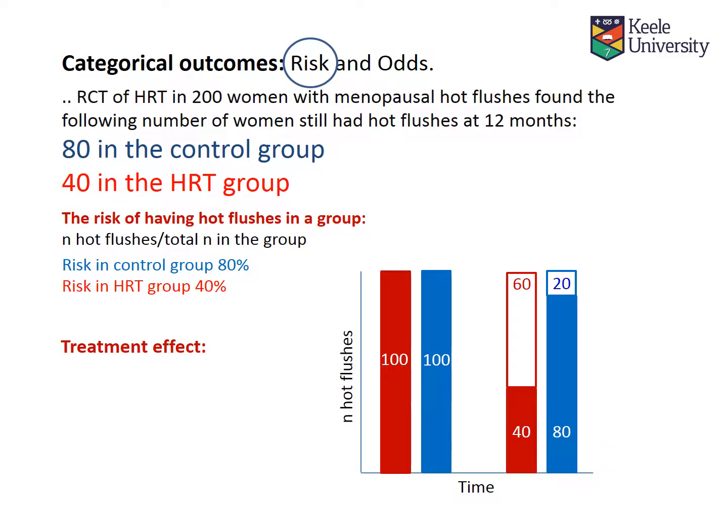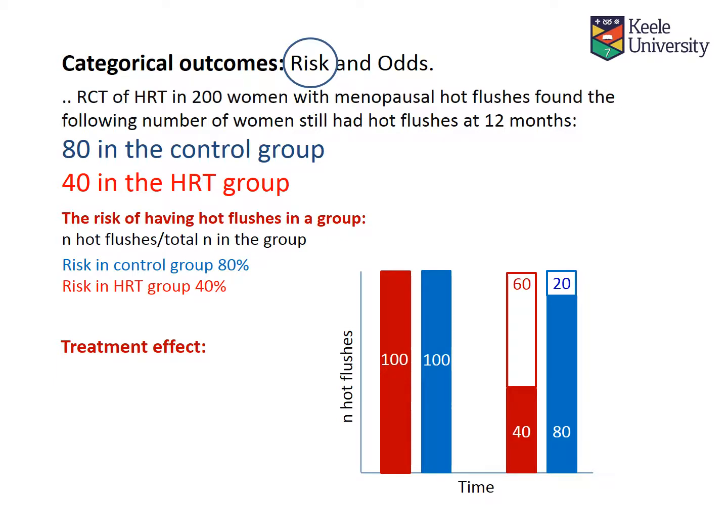How do we calculate now the treatment effect, which is the difference between the groups, not only describing the groups? Let's talk about the risk now. We said the risk of having hot flushes in the control group is 80%, and the risk of having hot flushes in the HRT group is 40%. So we want to know what is the difference between these, because this is the treatment effect.